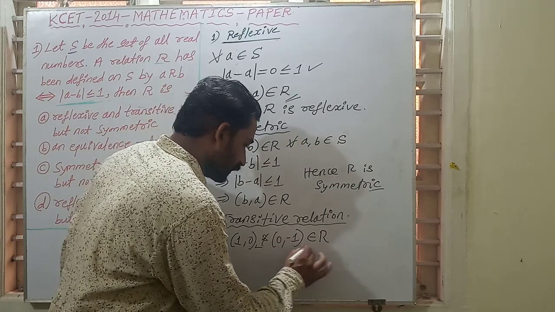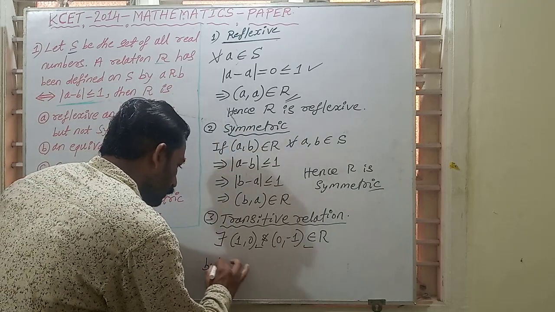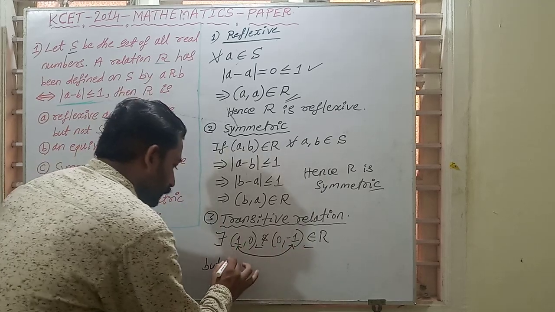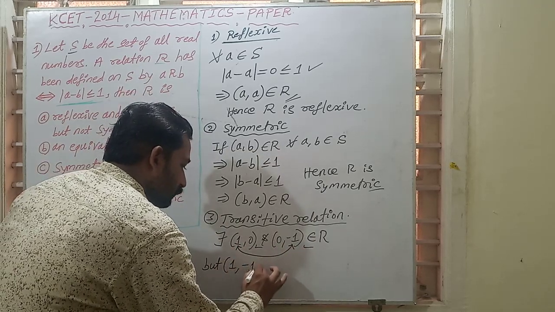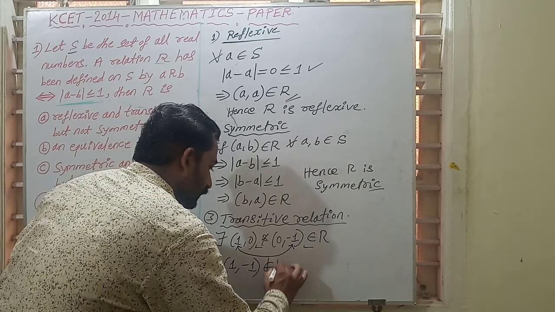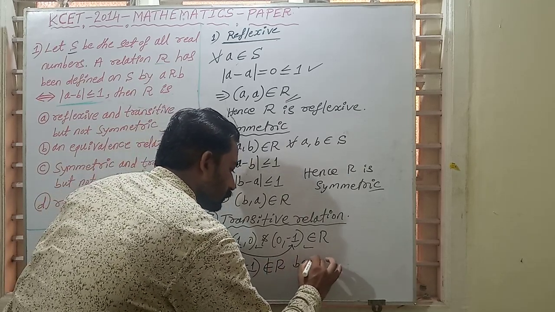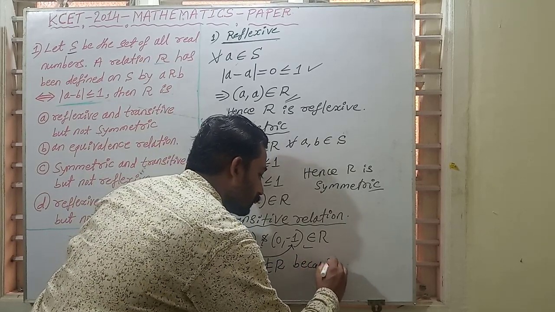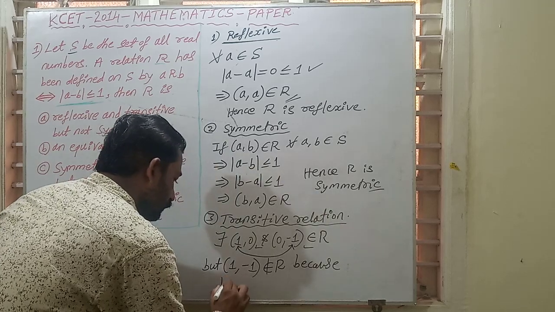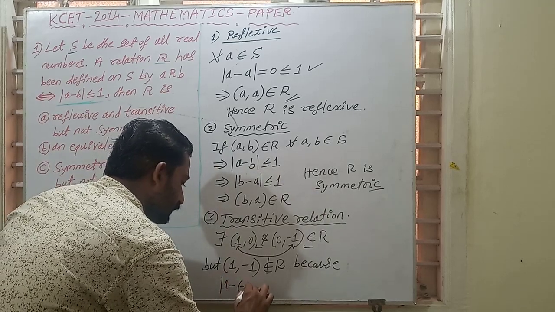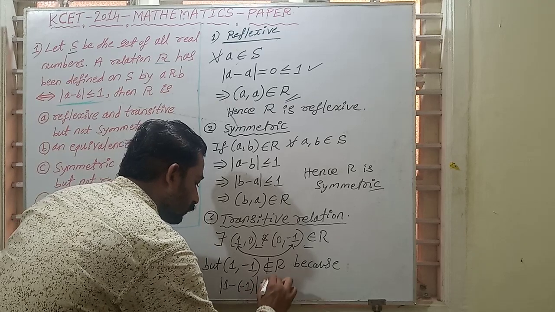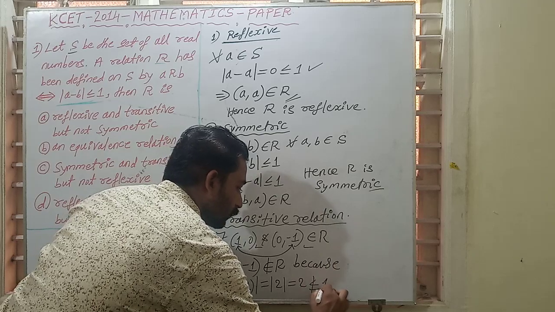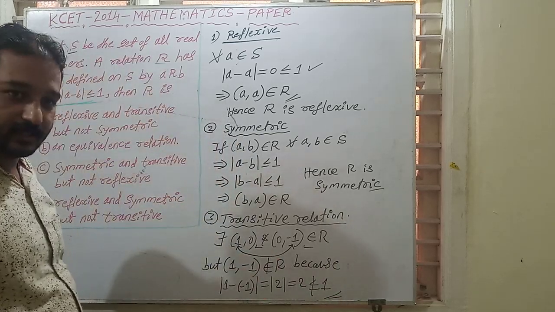So both belong to the relation, but (1, -1) does not belong to the relation, because modulus of 1 minus (-1) is equal to 2, not less than or equal to 1. Hence it is not a transitive relation.